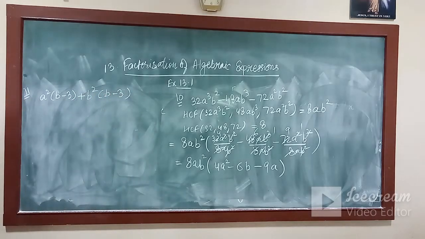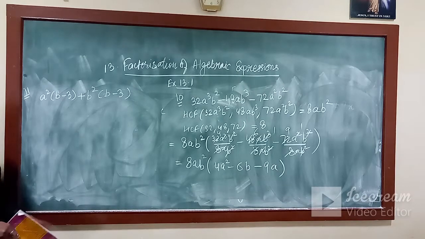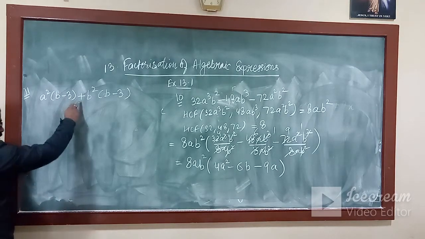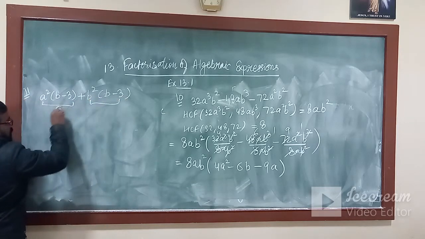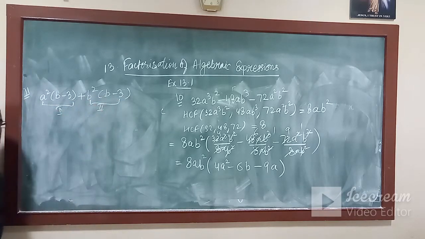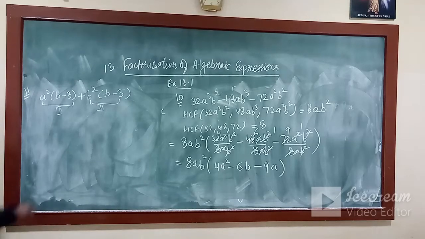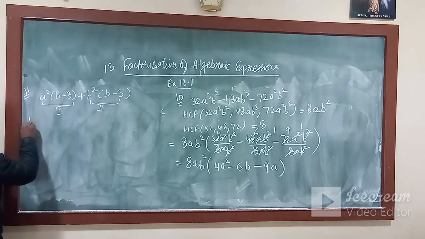Okay, so in the case of algebraic expressions, the terms are separated by a plus or minus sign. That means there are two terms. This is your first term, this is the second term.